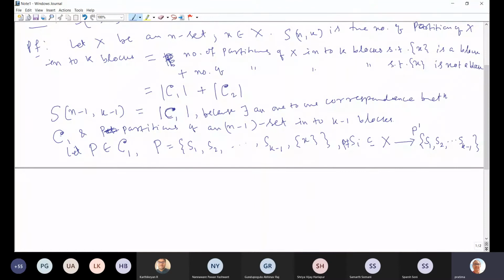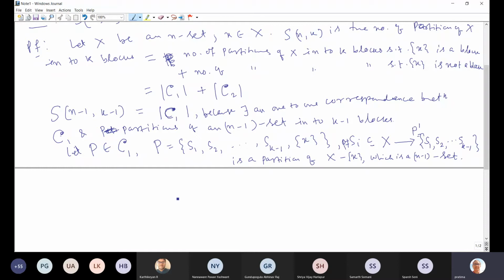This is a partition of X minus the singleton set {x}, which is an n minus 1 set. Understand, the cardinality of X is n, therefore capital X minus the element small x is an n minus 1 set.